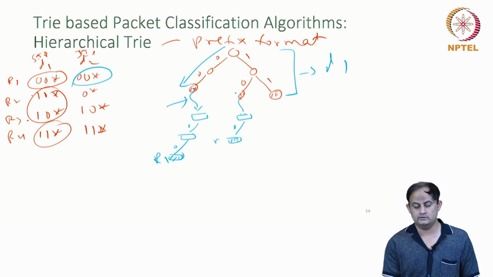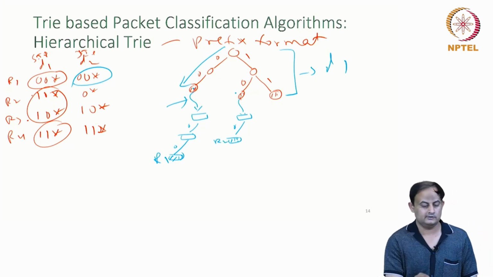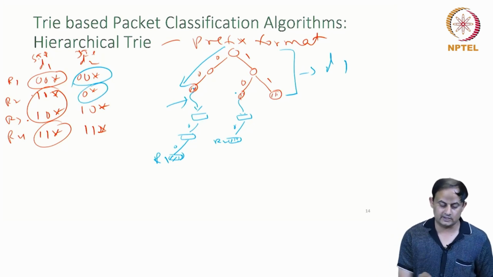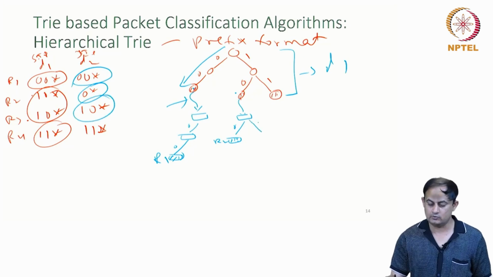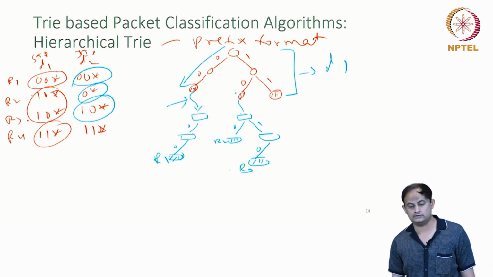This is the rule node which is representing R2. This case is now taken care of, and to go to rule R3, for the same prefix 10 star, on 1 you come here, and then on 0 you go to the left. This is the node which is representing rule R3.